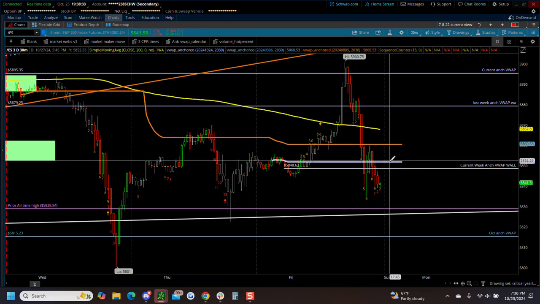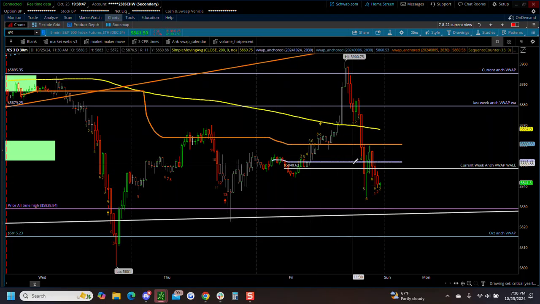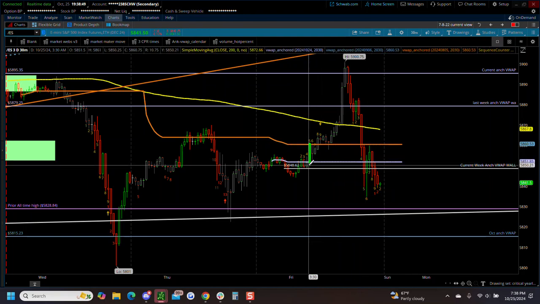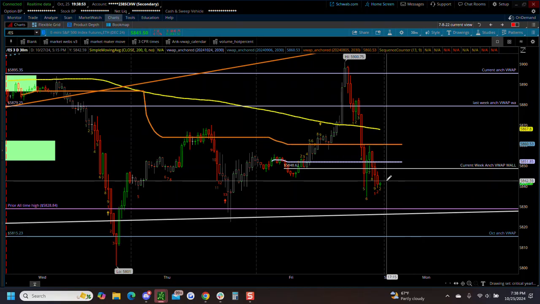Believe it or not, it can be a very critical support resistance area to kick off the beginning of the new week. A lot of times what you'll see is, if we're opening below the current anchored VWAP that I've set up Sunday night, if we come in Monday morning, you can almost guarantee we're going down to some major support.